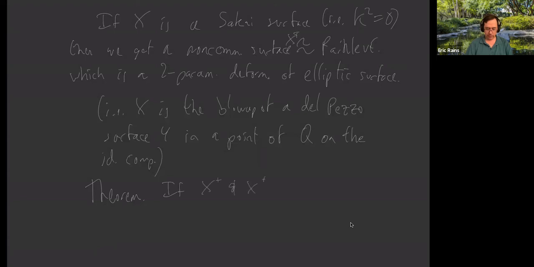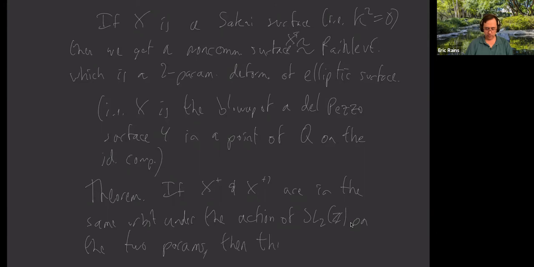If X plus and X plus prime are in the same orbit under the action of SL2Z on the 2 parameters, then they are derived equivalent.